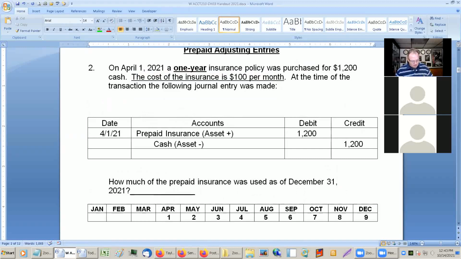The cost was $1,200, divided by 12 months. So this is how that came about.